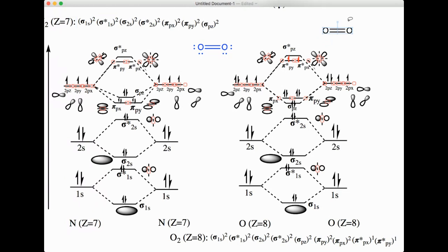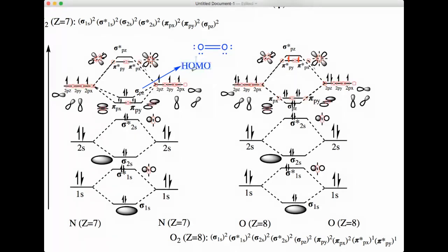Before I go ahead, I'm gonna label this orbital, something you're gonna need for next semester, particularly for organic two. So guys, look at the sigma pz orbital. This orbital here, in nitrogen, is the highest occupied molecular orbital. So that means it's the molecular orbital highest in energy with electrons on it.